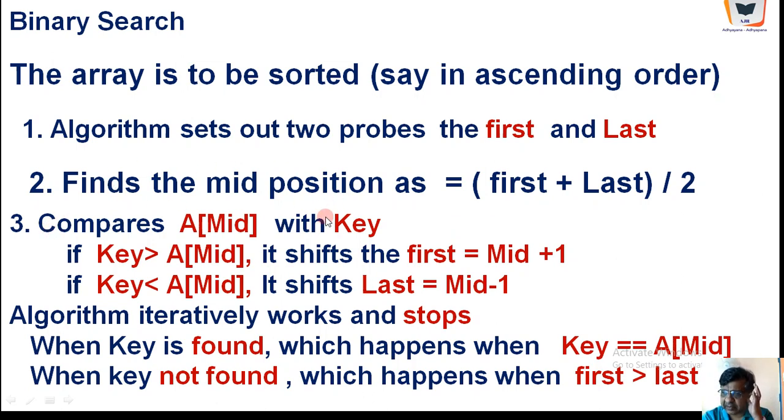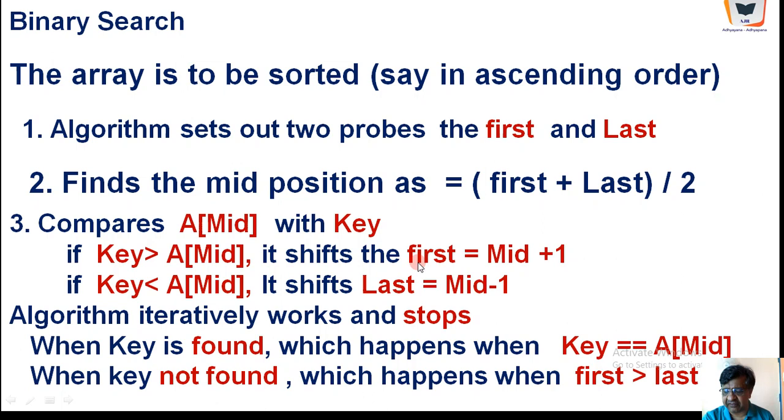Therefore, every time it calculates the mid position, it compares A of mid, the value of the element found in the middle position of the sorted array, with the key. If the key is greater than A of mid, that is, if the key is greater than the element present in the mid, the left portion of the array is not at all considered.